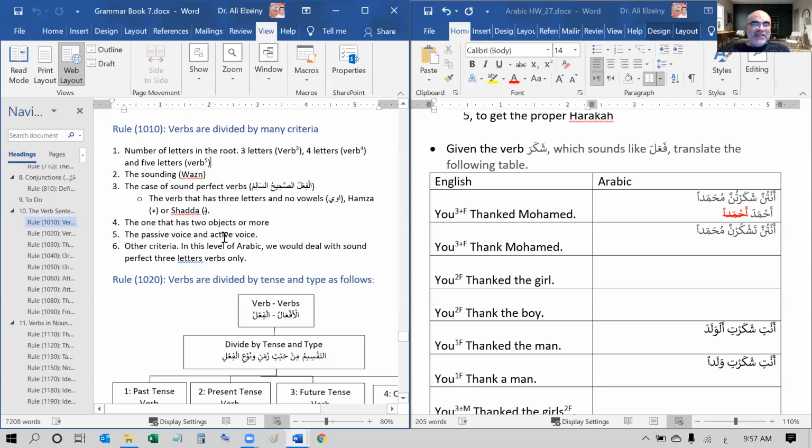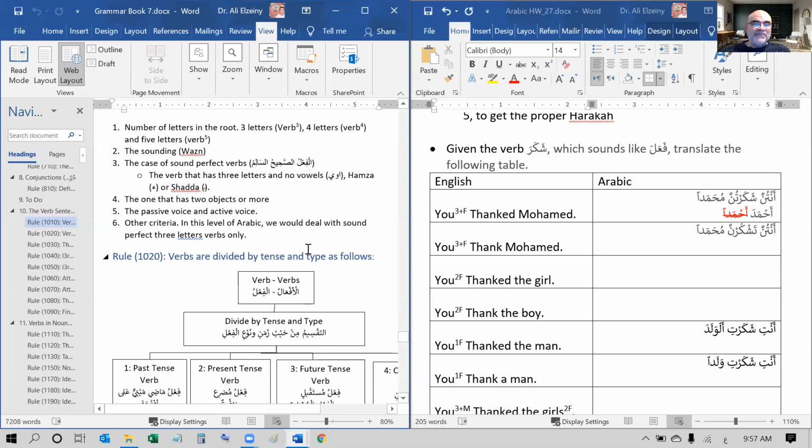There is passive voice and active voice. But as I said, we just deal with the sound perfect 3-letter verb, الفعل الصحيح السالم, the sound perfect verbs.